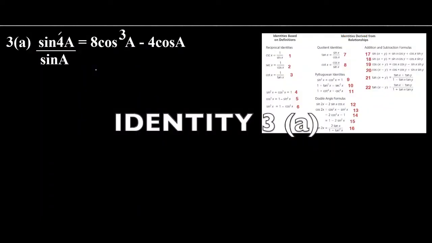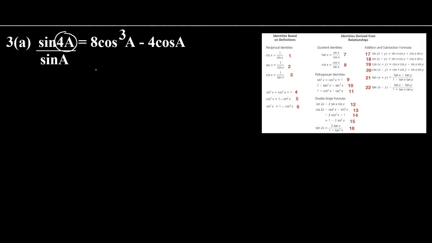Here we have been given an angle which is 4A, not 2A, not A, it's 4A. So I can write sine 2 times 2A. This is what I can write sine 4A as, over sine A. That's your LHS.